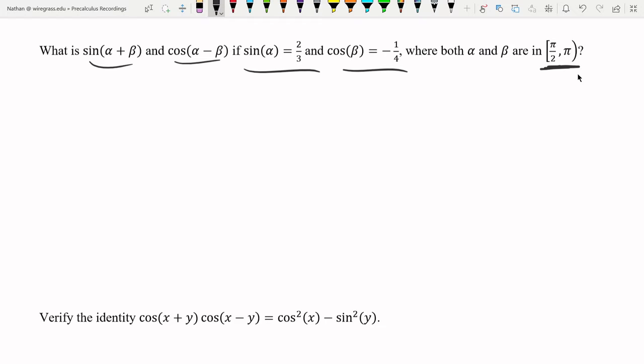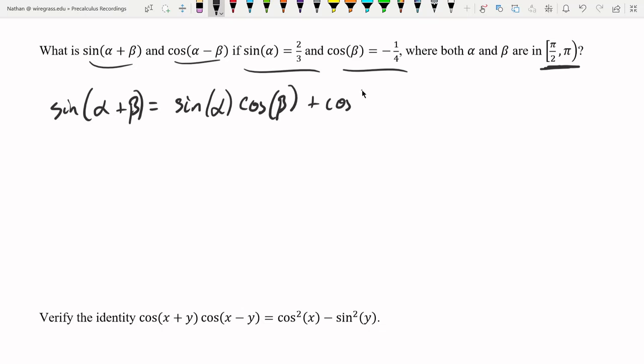Okay, so for this we use the sum identity for sine. Looking at the identity itself, we get sine alpha cosine beta plus cosine alpha sine beta.